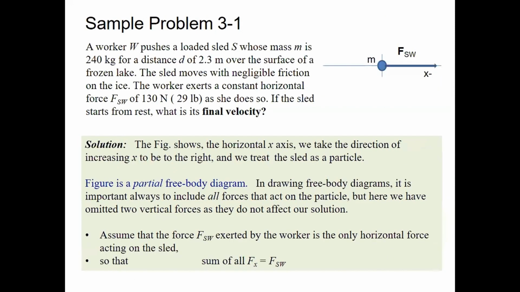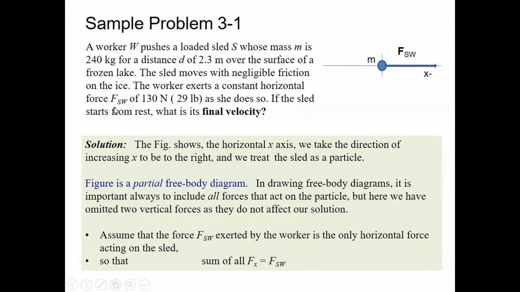Let us do an example. This is a sample problem in which a worker W is pushing a loaded sled S whose mass M is 240 kilograms for a distance D of 2.3 meters over the surface of a frozen lake. The sled moves with negligible friction on ice, so we can ignore the friction.